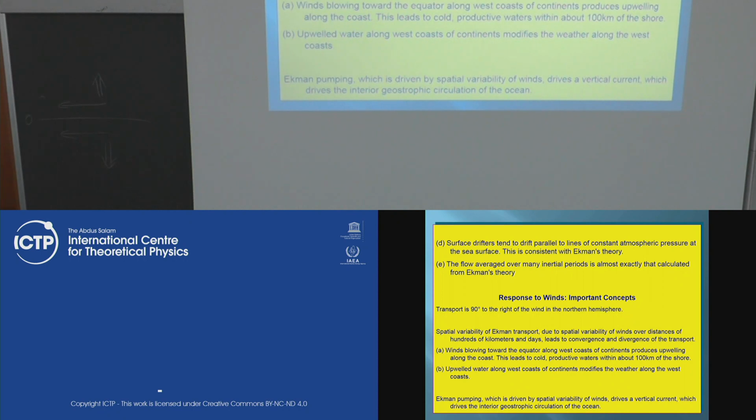The upwelling is due to the divergence, which is simply caused by the change of the sign of the Coriolis parameter. When we see the exact expression for the Ekman layer and Ekman transport, we'll see how they are.